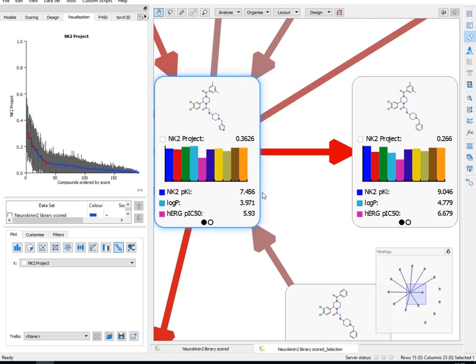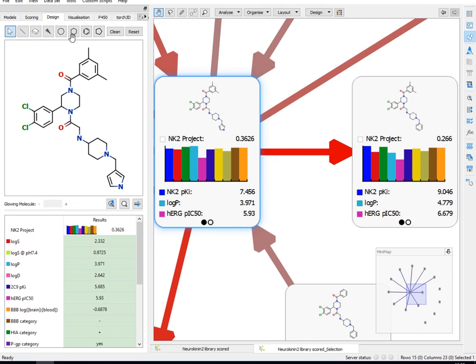That increases the activity by 1.5 log units, but actually, similar to the example we saw before, decreases the score because, in this case again, the log P has gone up, and the hERG inhibition looks to be a particular issue. And this is that idea where using models to guide design can be very valuable.